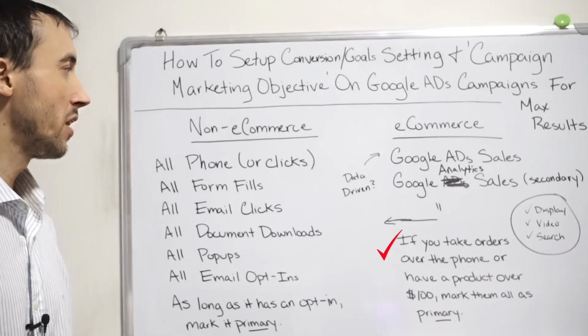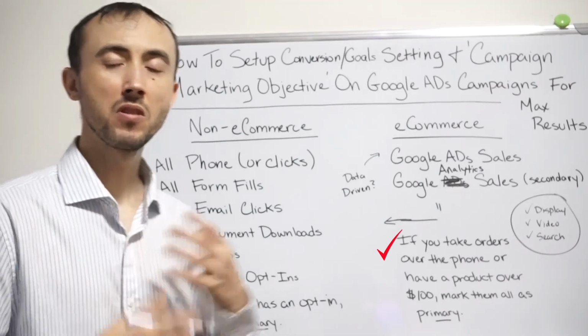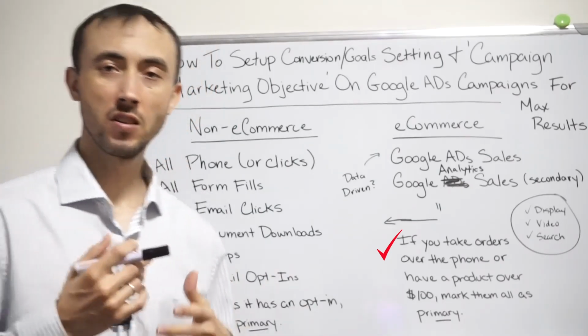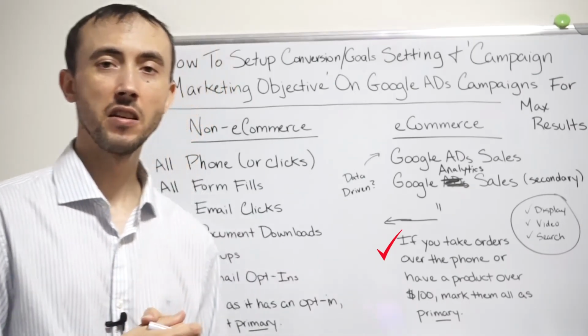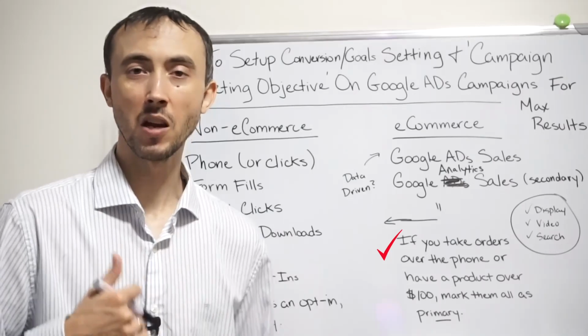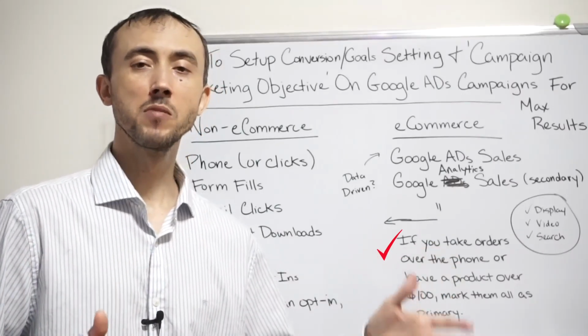What I will tell you is on the display campaigns, the main thing is it's easy to get a bunch of bogus form fills and phone calls with your phone call tracking and so forth, because there's a lot of bots you're going to get with display advertising. I don't want to say display advertising doesn't work, but there's more of that stuff.